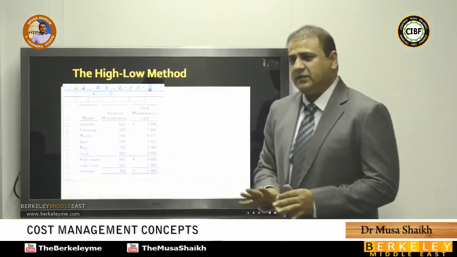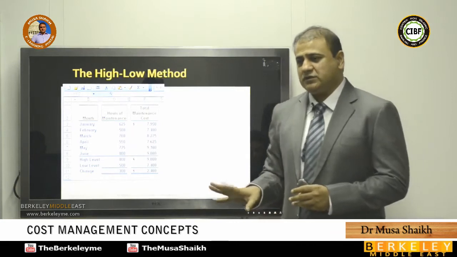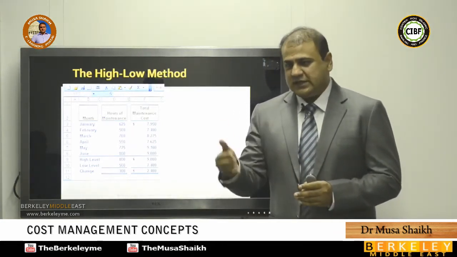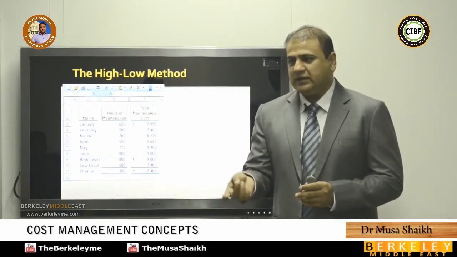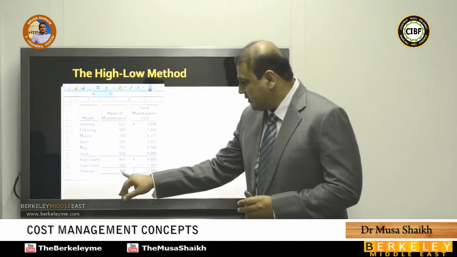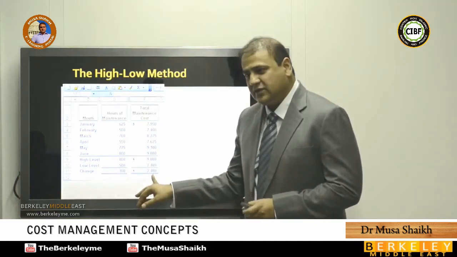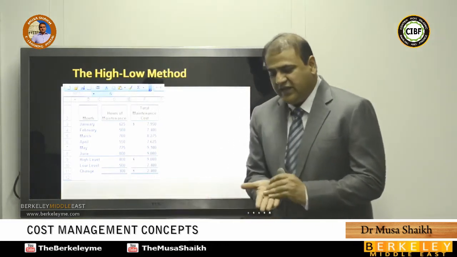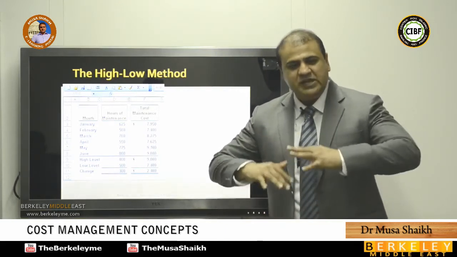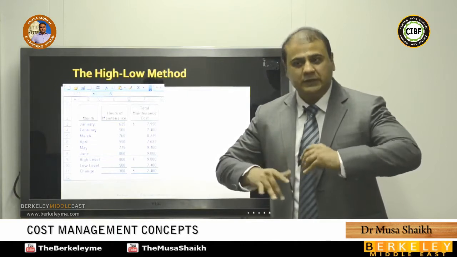So anytime he says calculate fixed cost by using the high and low method, the first step is, from the given data, take the highest value, take the lowest value and take the difference, and you will see this is 300 and 2400. This is the variation. If we take the highest and lowest, we take the variation. Variation is variable, right?